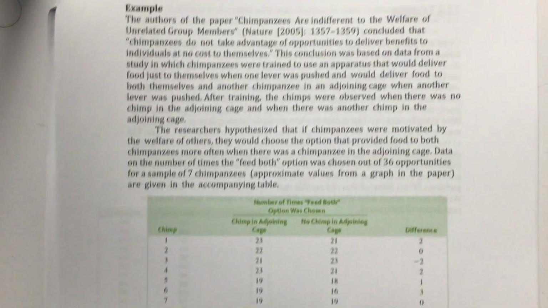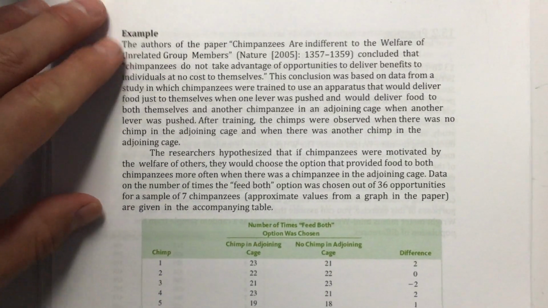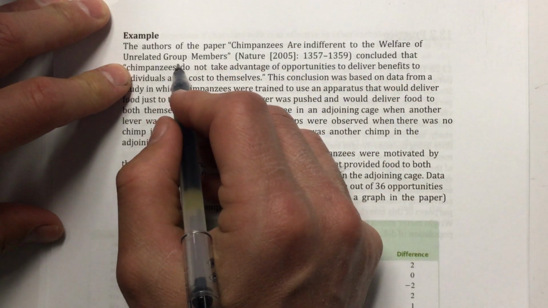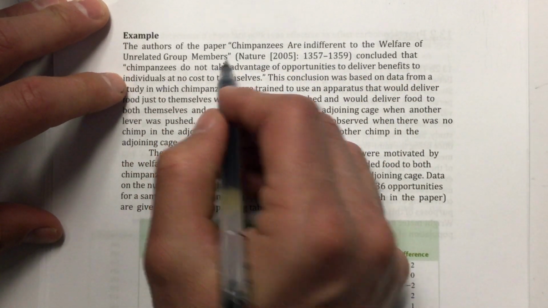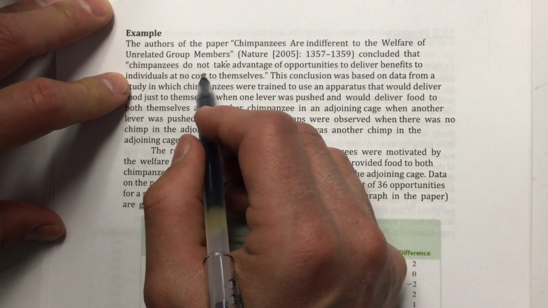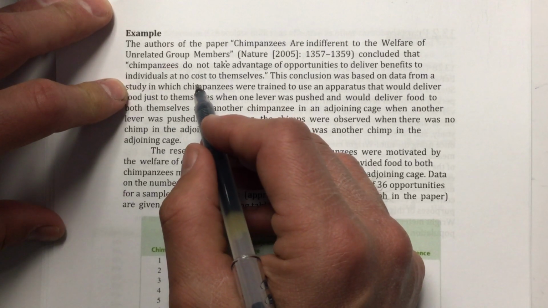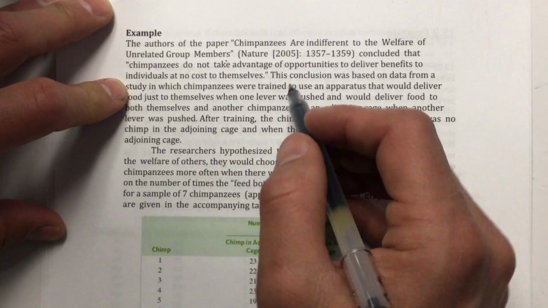All right, the author of the paper, Chimpanzees Are Indifferent to the Welfare of Unrelated Group Members, concluded that chimpanzees do not take advantage of opportunities to deliver benefits to individuals at no cost to themselves.